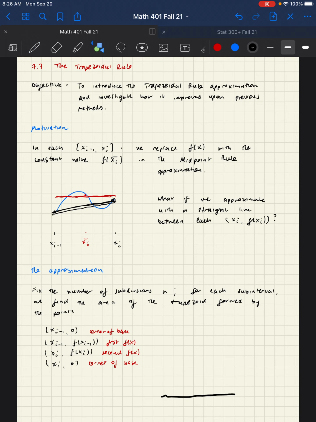Here's what that looks like. I'm going to do a very simple illustration here where you only see two subintervals. So here's a, here's x, here's b. Let's suppose that the curve looks something like this.